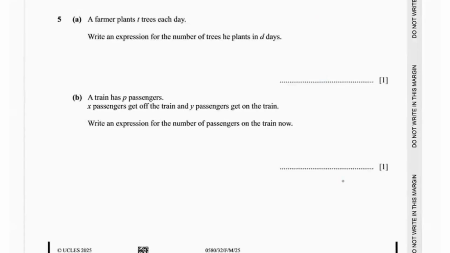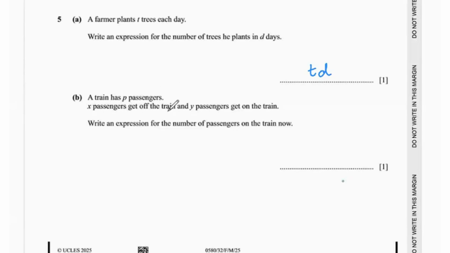Question 5 says a farmer plants T tea trees each day. Write an expression for the number of trees he plants in D days. So T tea trees are planted each day. So for D number of days, it's going to be T times D or TD. Because in one day, if you're planting T number of trees, then for D number of days, it's going to be D times T. The train has P passengers.